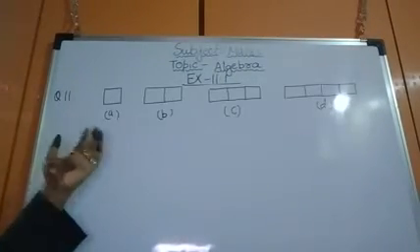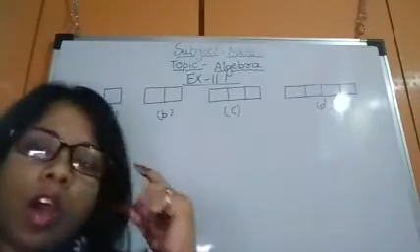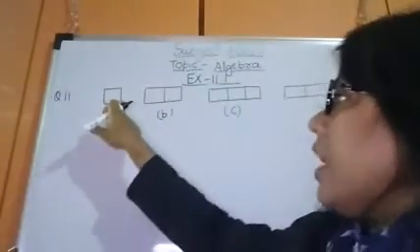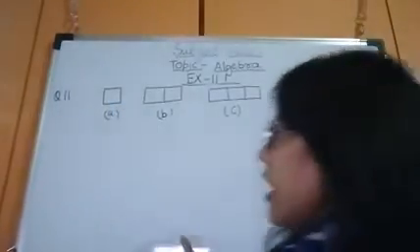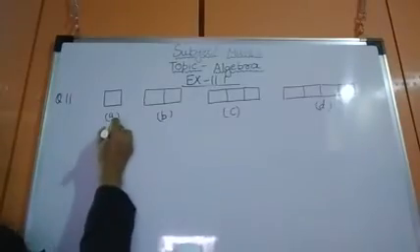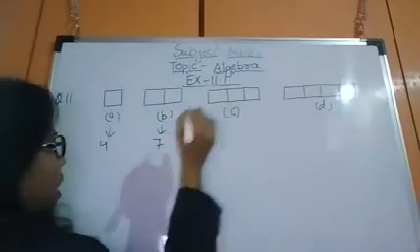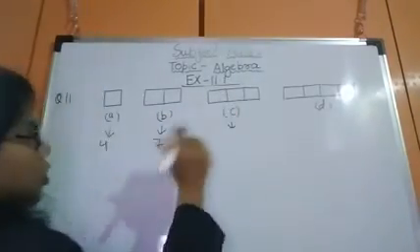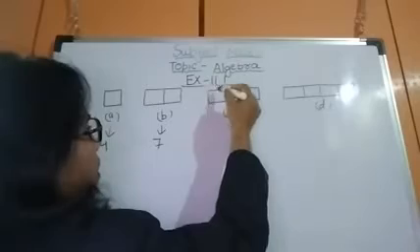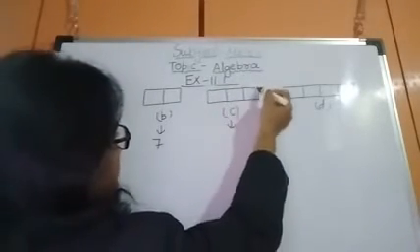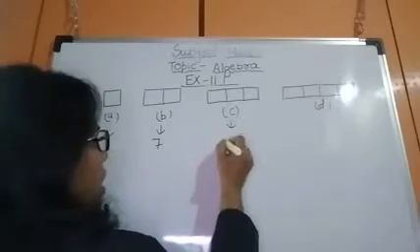In this question, you have to make a rule for how many matchsticks are used. So now see, in this square 4 matchsticks are used. Here 7 are used. Here, 4 plus 3 is 7, 7 plus 3 is 10.